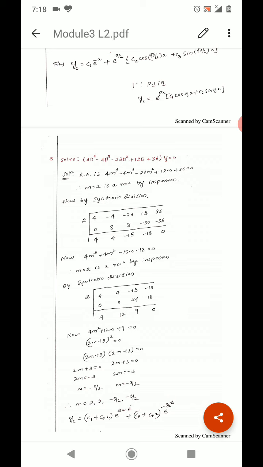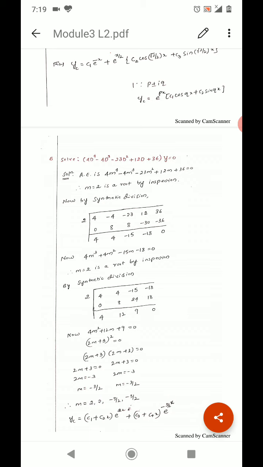So by using 2 and the inspection method, first we write the coefficients of all the terms in the auxiliary equation. Coefficient of m power 4 is 4, m cube is minus 4, m square is minus 23, m is 12, and 36 is the constant term. Write the first root, that is 2, on the left side of the table, and write 0 below the first term 4.